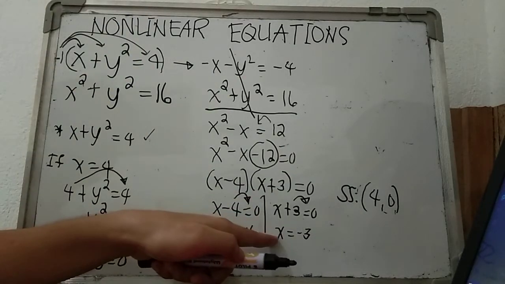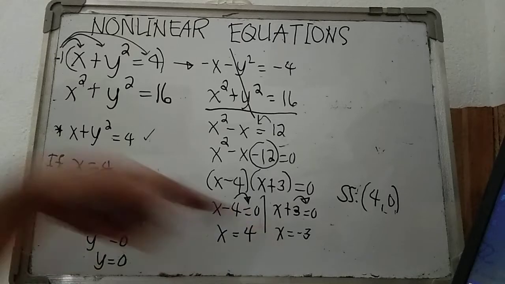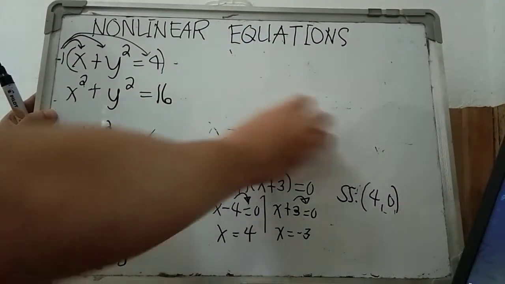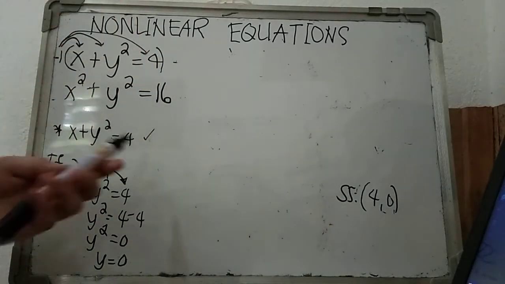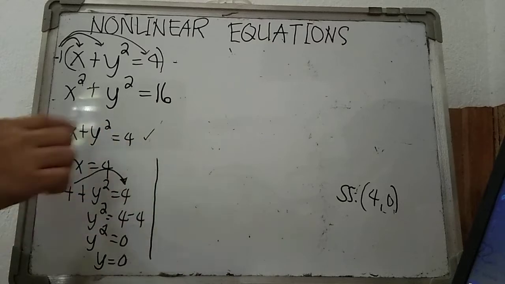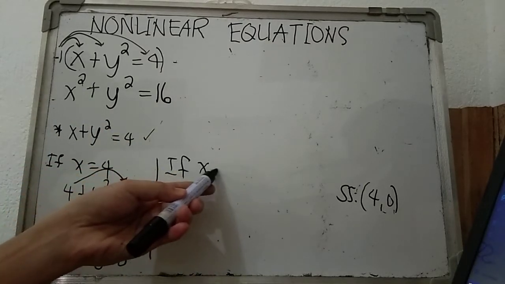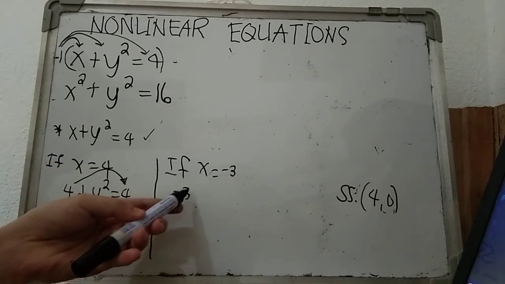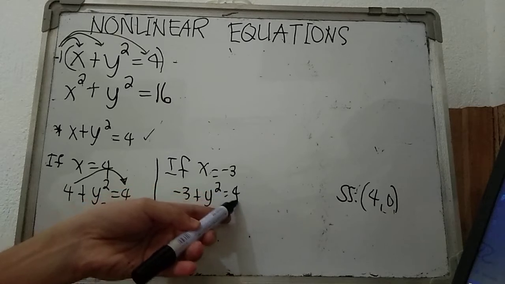Now let's take a look at the second one. In answering our second one, which is x equals negative 3, following the same equation to substitute, if x is equal to negative 3, then substituting, this is now negative 3 plus y squared is equal to 4.